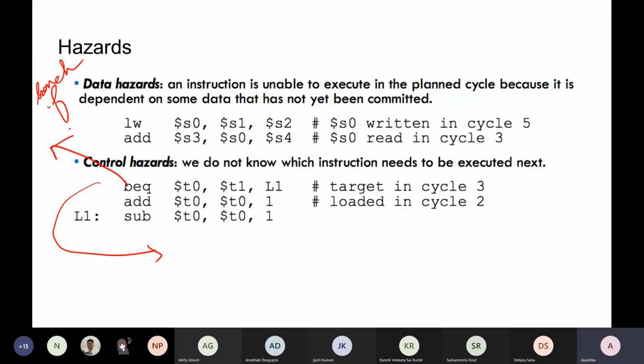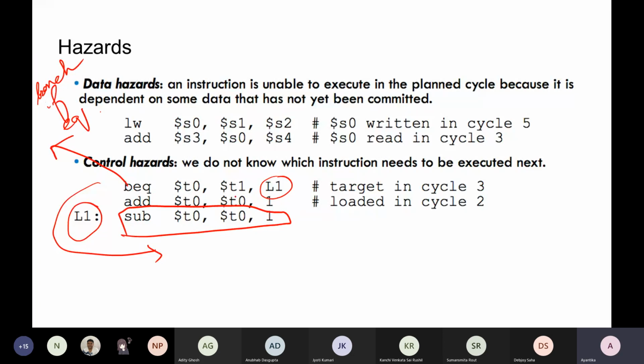So if you are comparing these two T0 and T1 register values, and if they are equal, then your program should branch to this label L1. And in this label L1, something is written, that there will be some subtraction, etc.